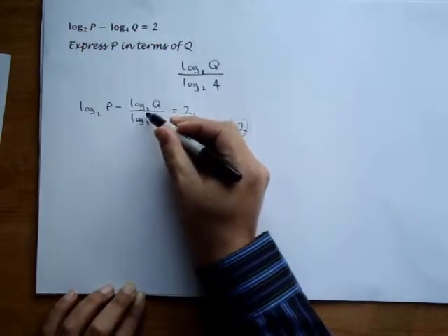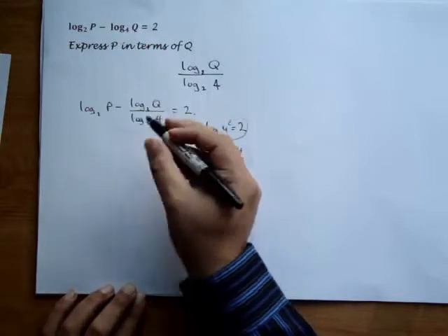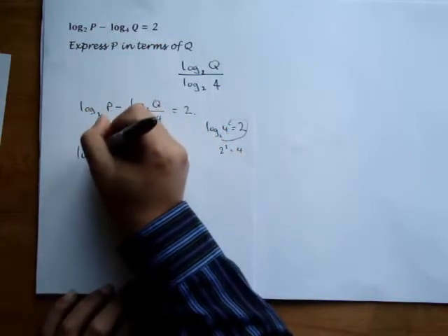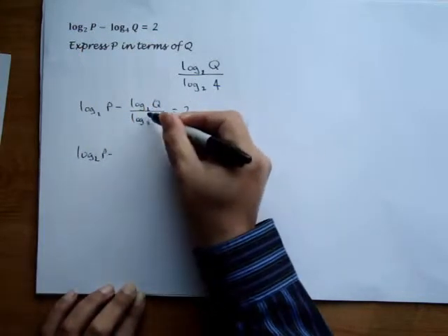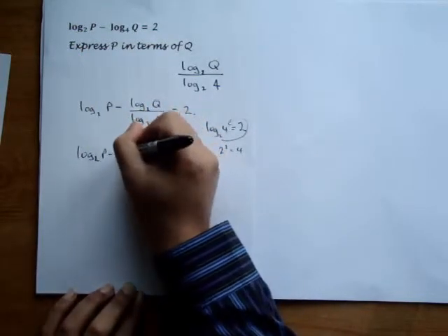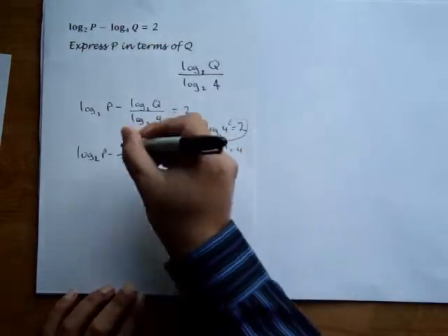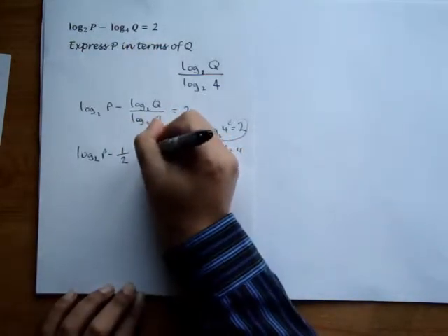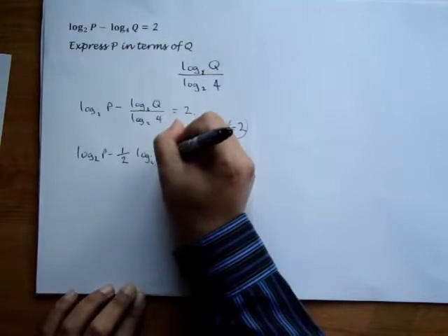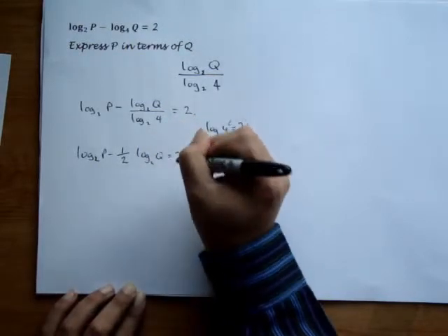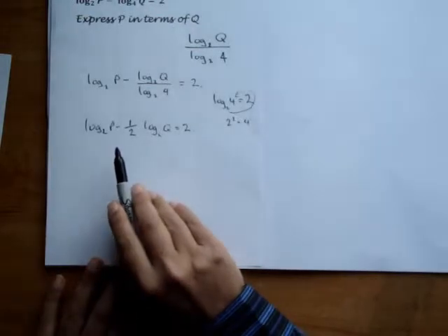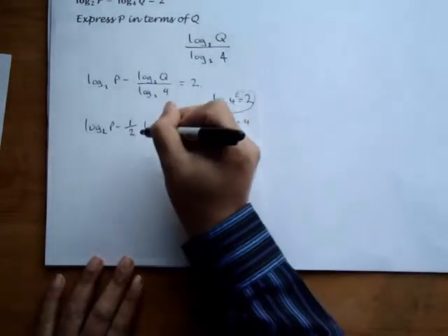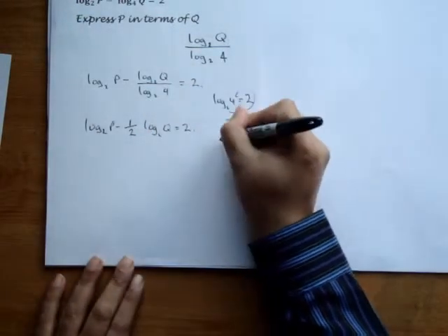So this bottom can be replaced by 2, so this becomes log base 2 of p minus, now if we have 2 on the bottom, that becomes a half, log base 2 of q equals 2.